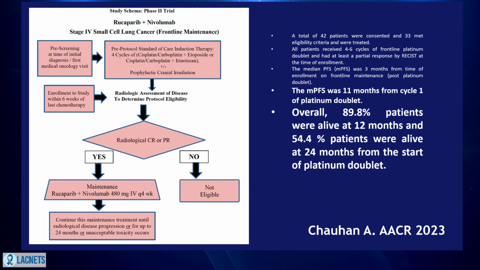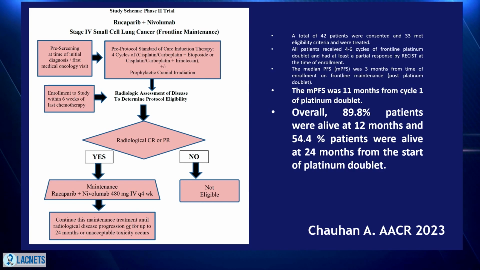And based on preclinical data, we ourselves did a small phase 2 study where we combined a PARP inhibitor called rucaparib with nivolumab, an immunotherapy drug, after patients had completed the platinum-based chemotherapy and maintained on this regimen. And what we found is that at 12-month mark, almost 90% of patients were still alive. And at 2-year mark, 54% of patients were alive, which is definitely significant when it comes to small cell lung cancer patient population, and needs to be investigated further.